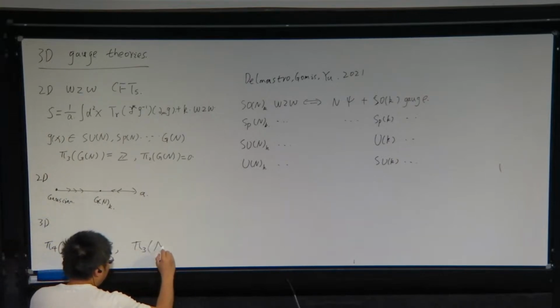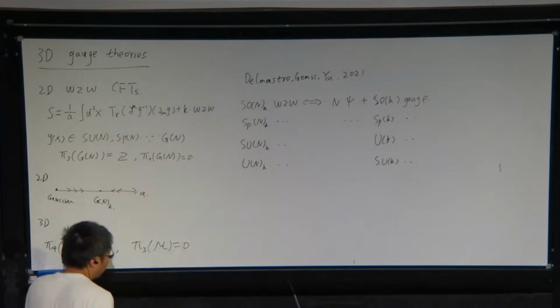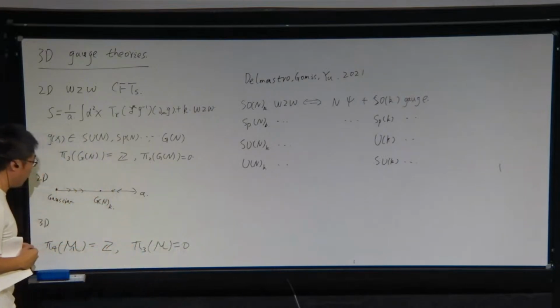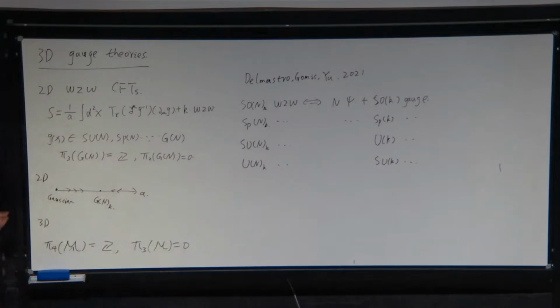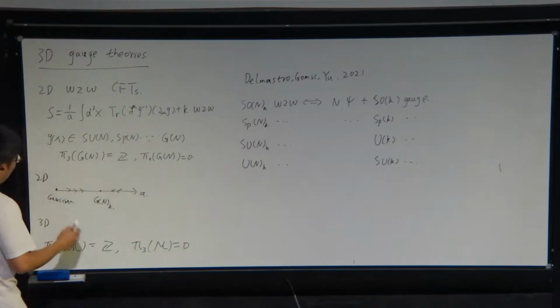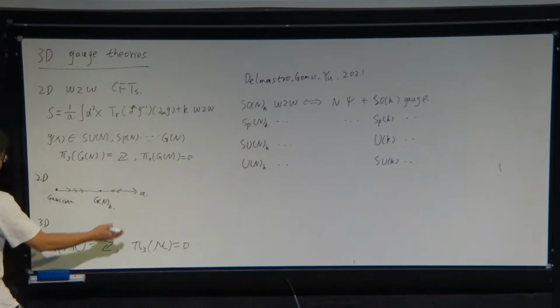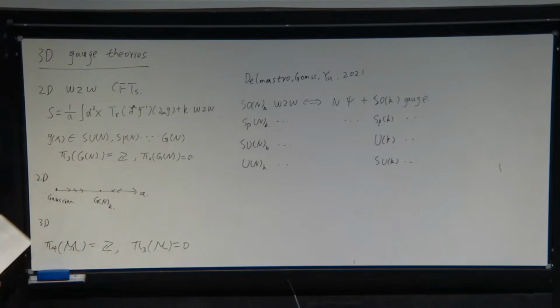There are a bunch of such manifolds satisfying this relation. For example, you can consider the Grassmannian, which I will focus on in this lecture. It satisfies this homotopy.